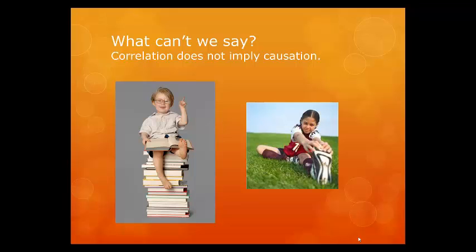Assume I perform a study which gives me a very strong correlation coefficient. The study is one in which I measure the reading ability of all students in the school district while also measuring their height. When plotted, it becomes clear that the taller the student, the better their reading ability.